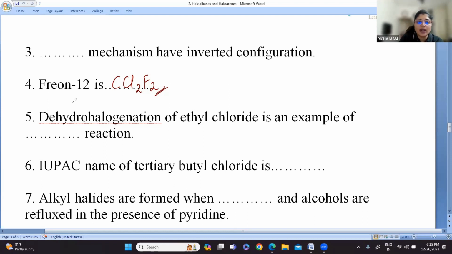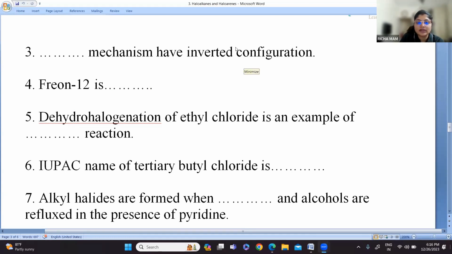Dehydrohalogenation means elimination of hydrogen halide. So elimination of hydrogen halide from ethyl chloride is an example of what? We have studied this, right?